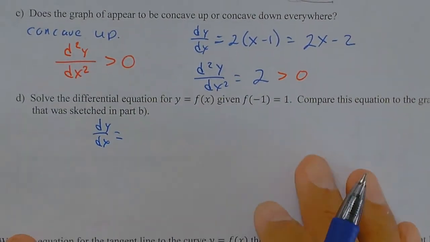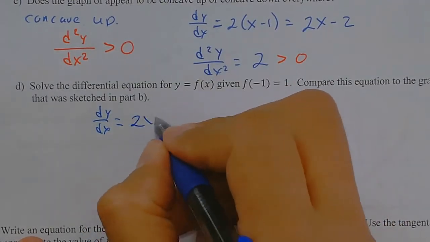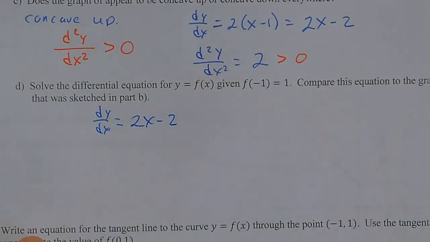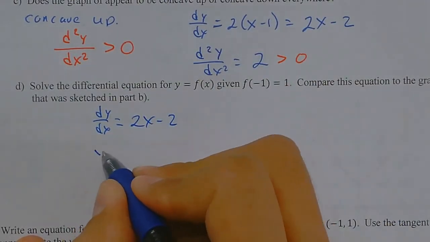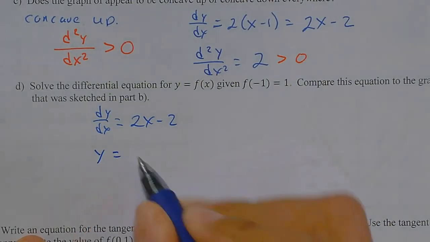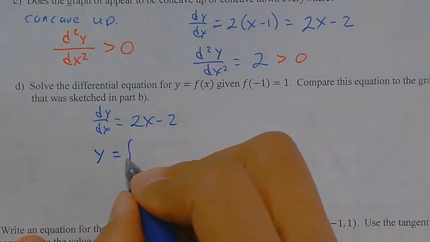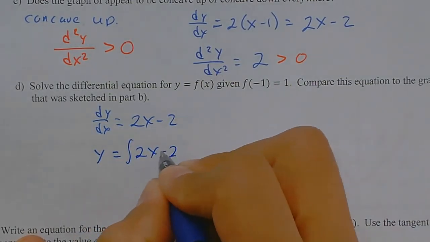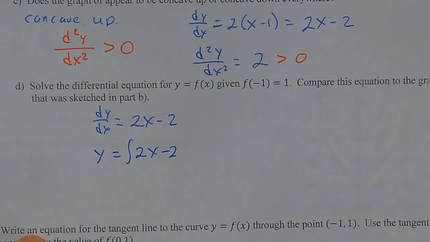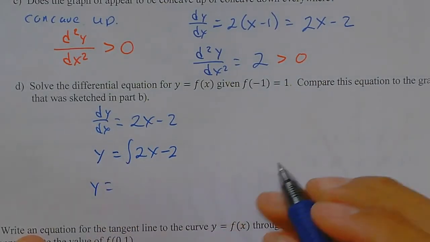And that is not that bad. What do we get? We get x squared minus 2x plus a constant c. I know I haven't forgotten it.